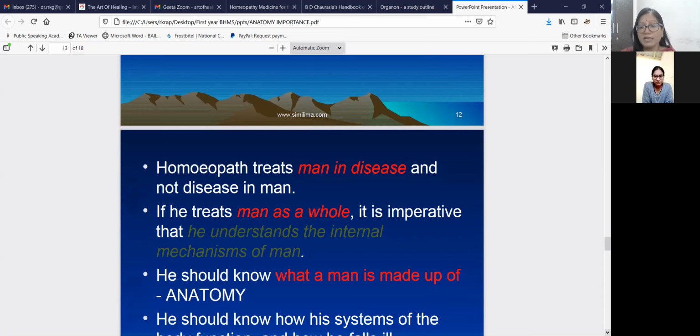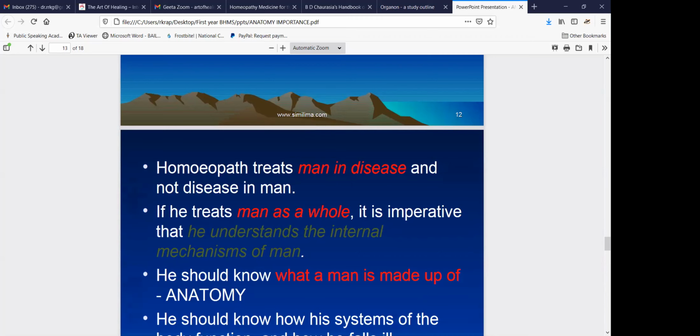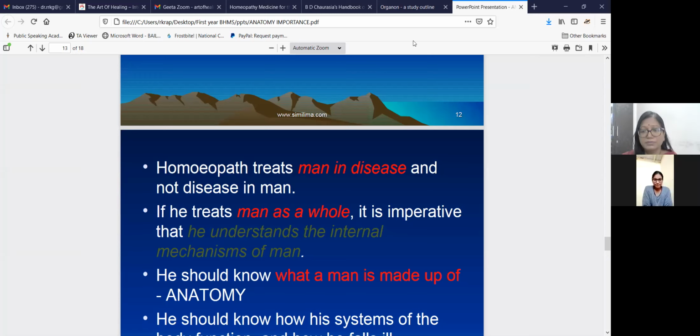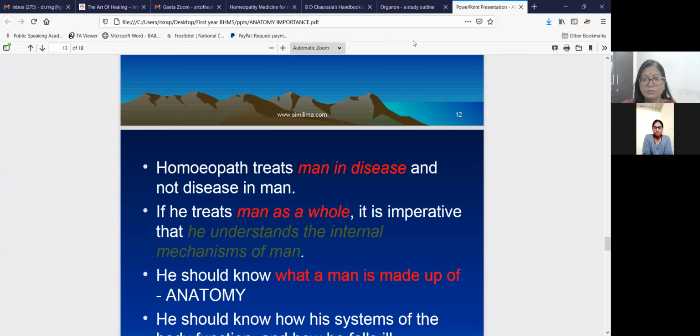A homeopath treats the man in disease and not the disease in the man. What do you understand by this term?